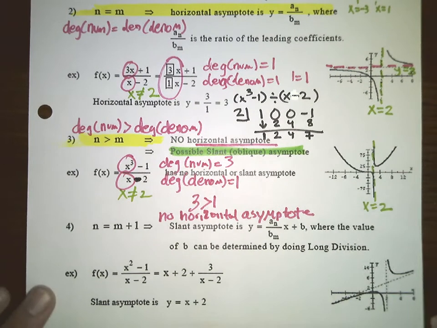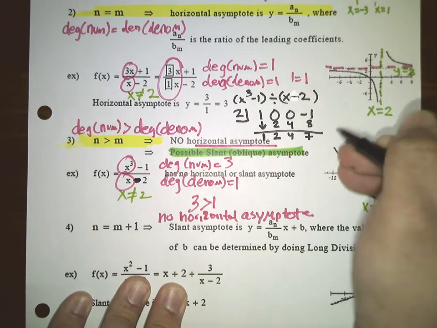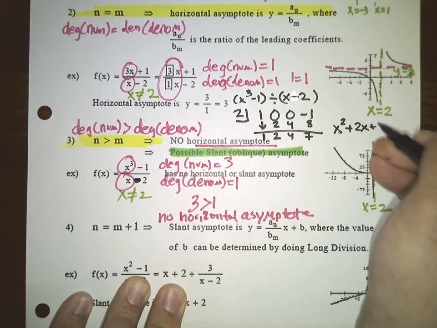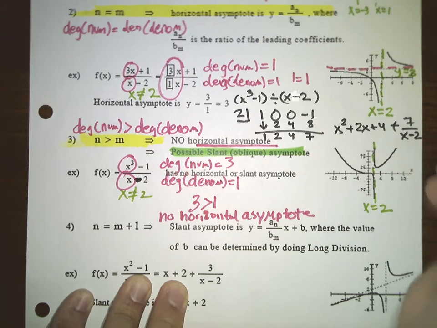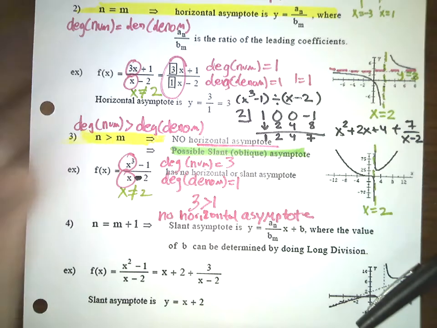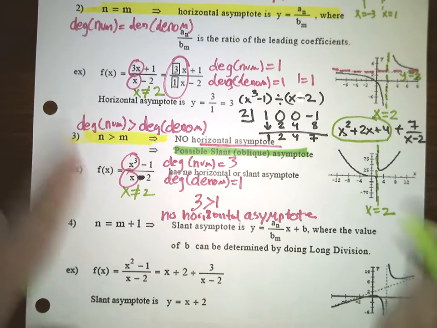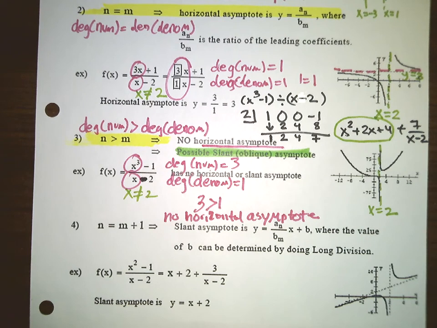So what this means is that this equals x squared plus 2x plus 4 plus 7 over x minus 2. So whatever this part is, the actual quotient, not the remainder, the quotient is actually the asymptote.